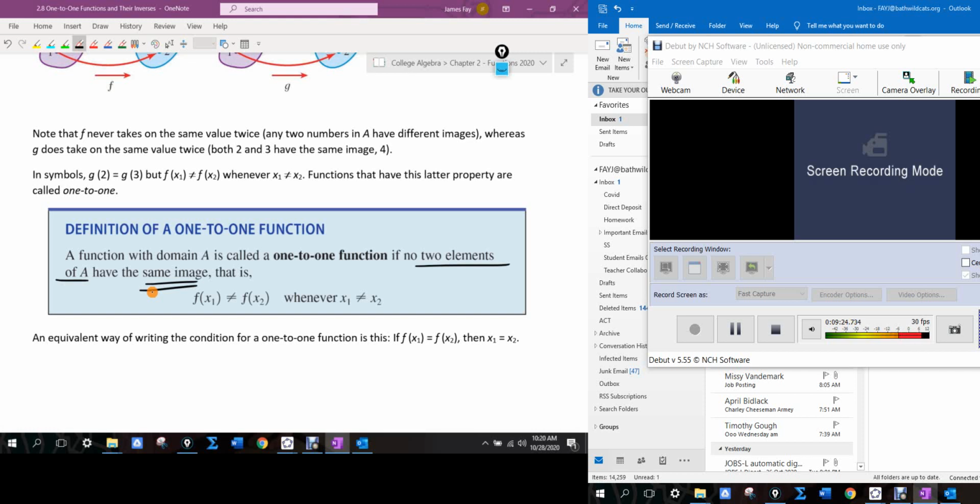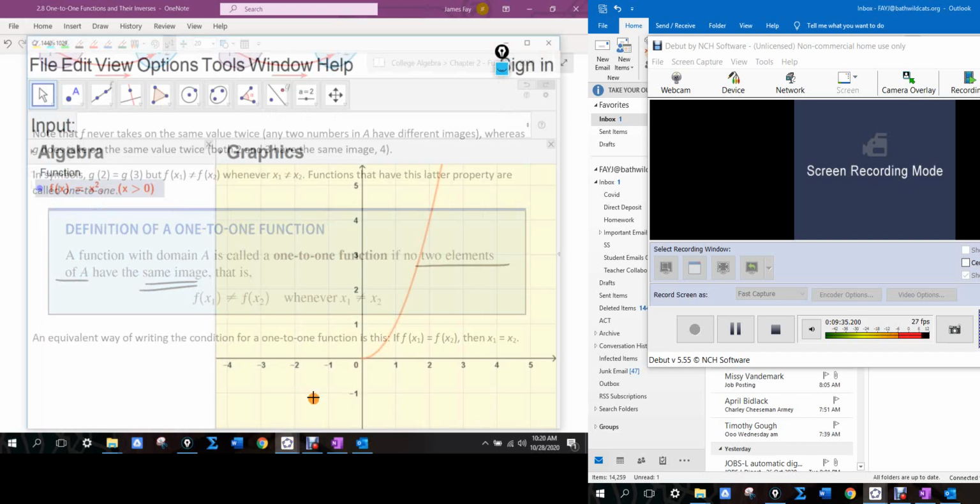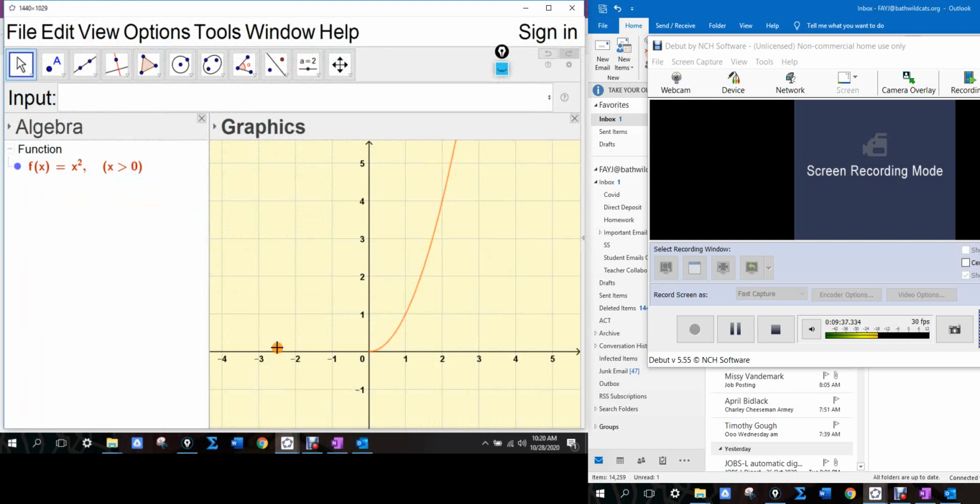So basically what this is saying is that no two x values can have the same y value. And that's exactly what we were having here. And that's why this failed. That's why this image here was not 1-to-1, because two x values, -2 and +2, had the same y value of 4, right? And that fails the definition of 1-to-1.